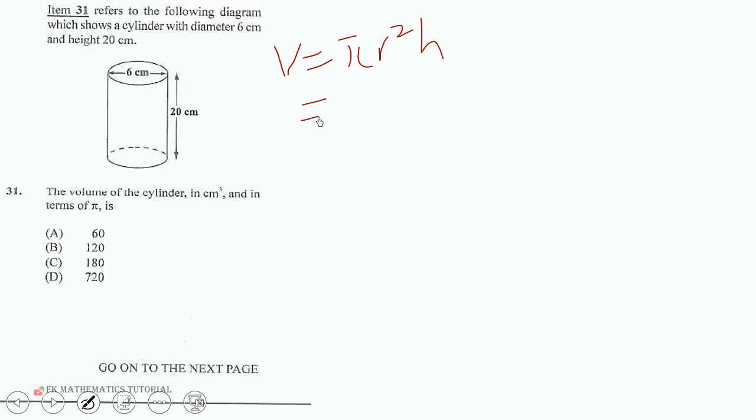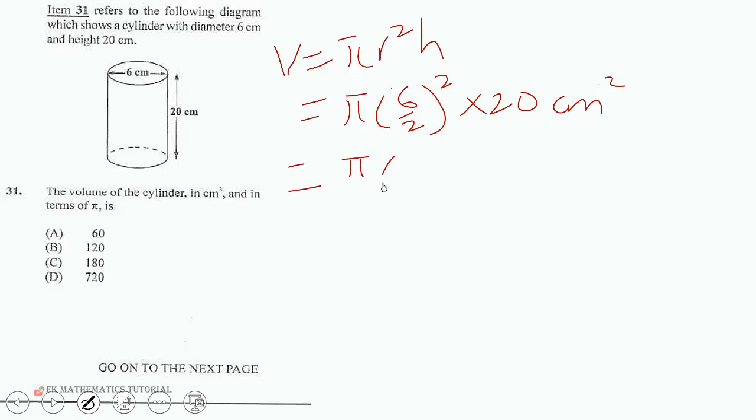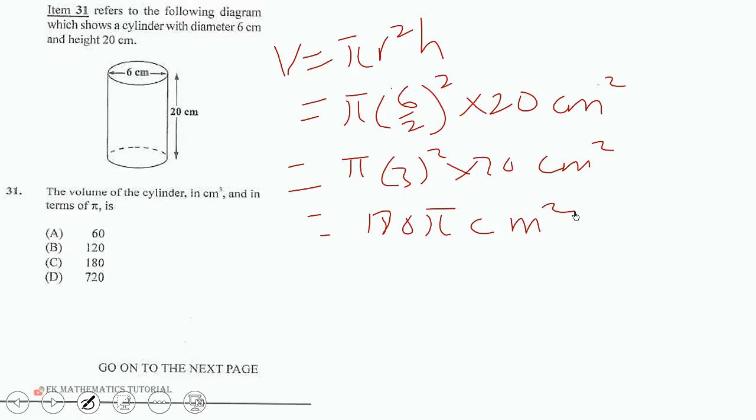The r is the diameter divided by 2, so 6 divided by 2, squared, times the height, which is 20 centimeters. That will give you pi times 3 squared times 20, so that will give you 180 pi centimeters cubed. So in terms of pi, the volume is 180.